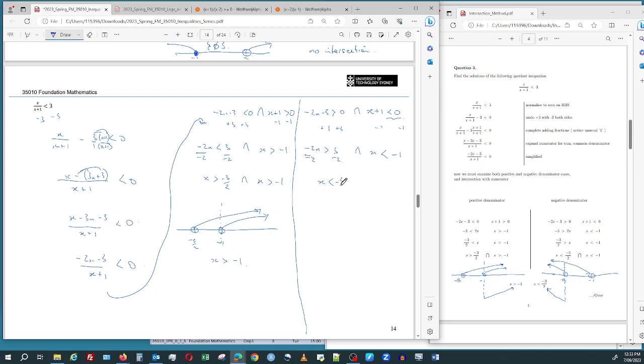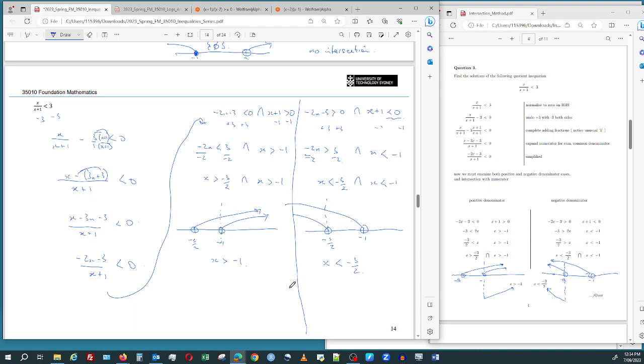So x is less than minus 3 on 2 intersected with x is less than minus 1. So when we draw this at minus 1 and minus 1.5, we go left both ways, and the intersection of those two is this boundary point. And so we get x is less than minus 3 on 2.